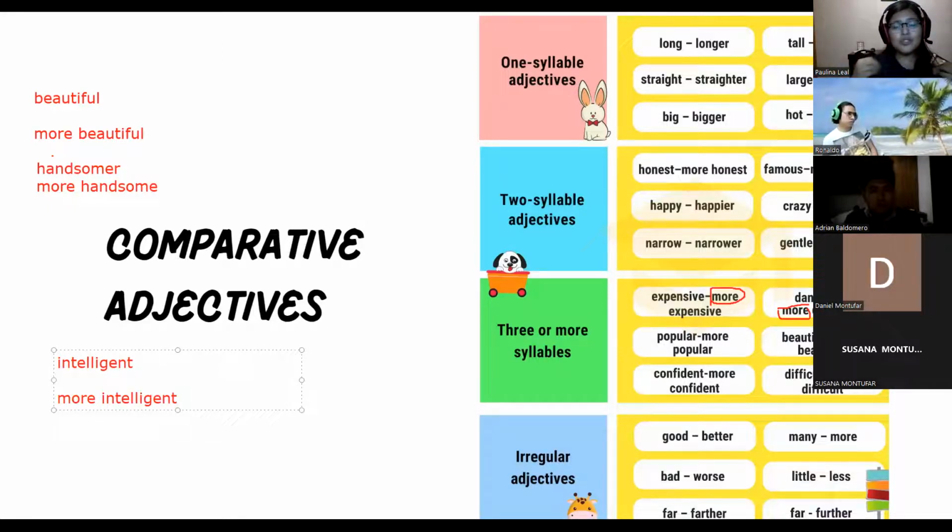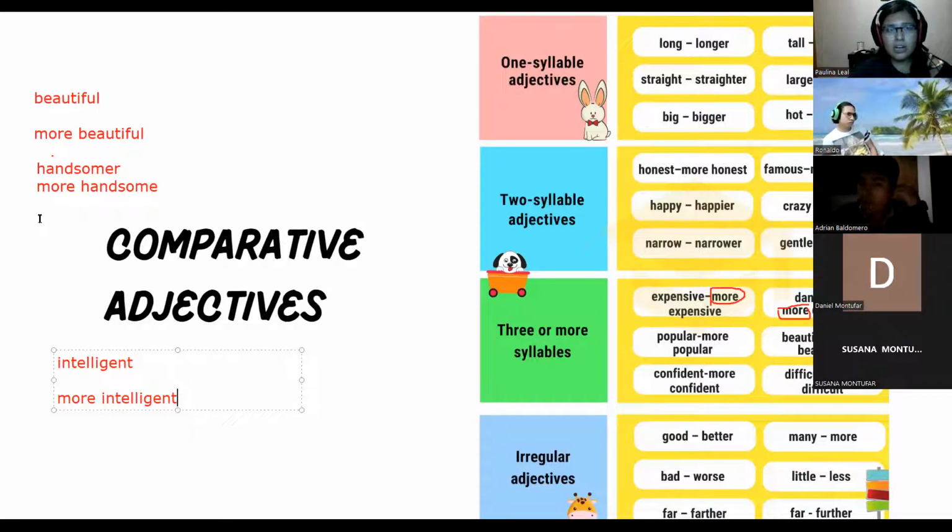So when I want to do a comparative, that's all I have to remember. If the word is short, I'm going to add -er at the end. If the word is long, I'm going to add more at the beginning. Si la palabra es corta, yo agrego -er al final.